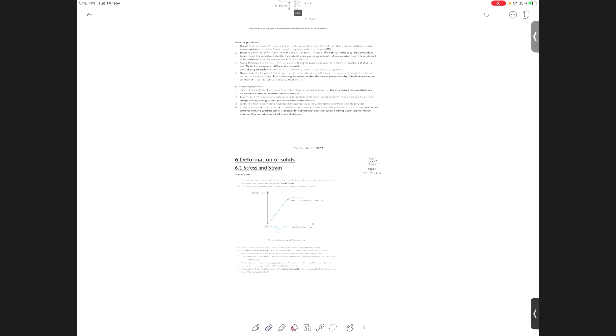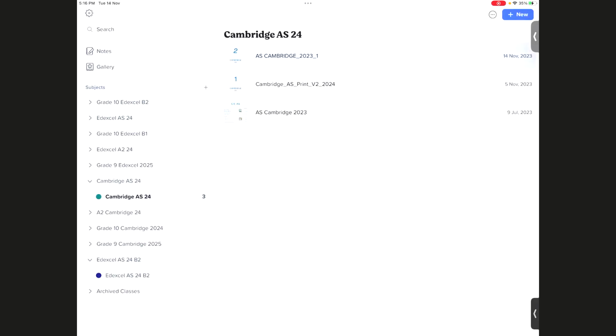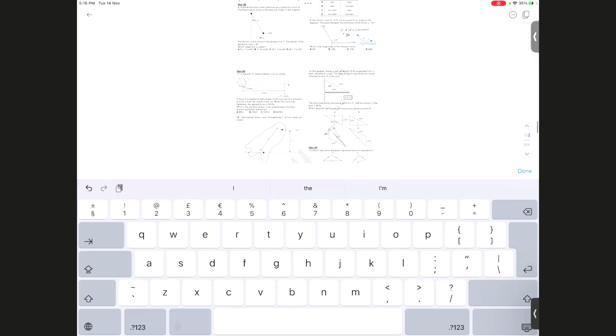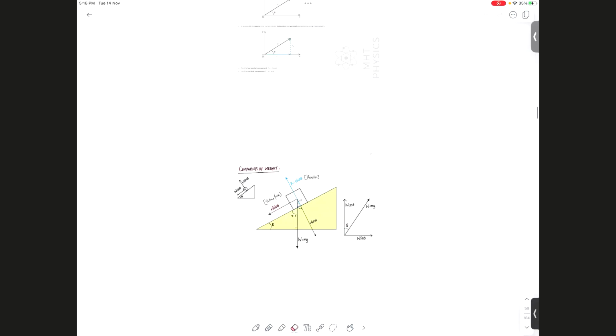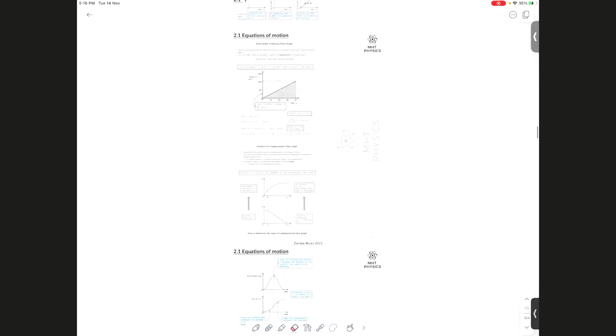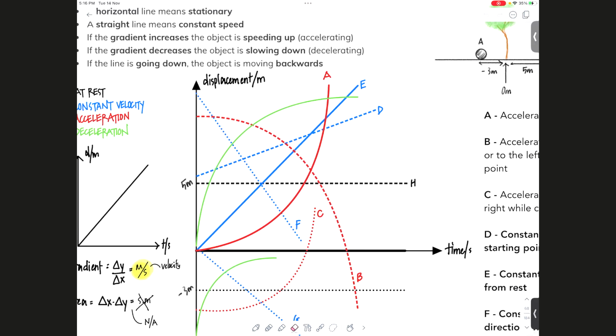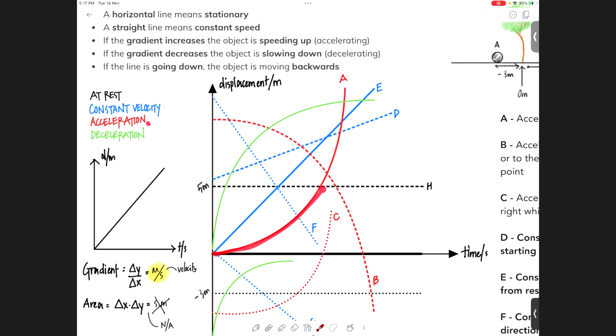So the shape is this. We can't find the acceleration from here, but we know it's accelerating. So the answer is horizontal, this will be D, right?